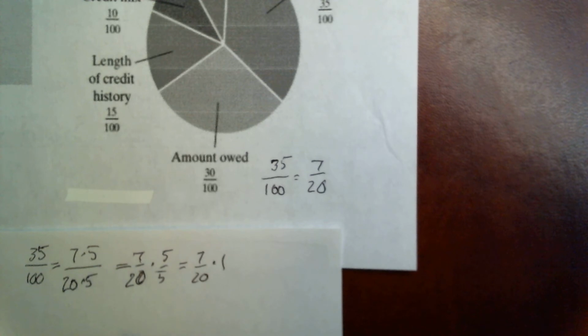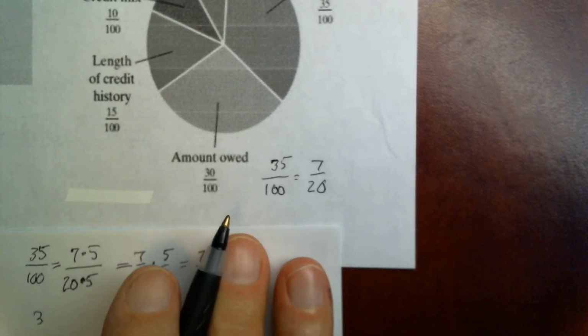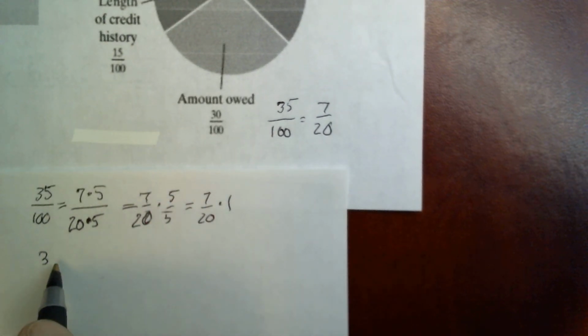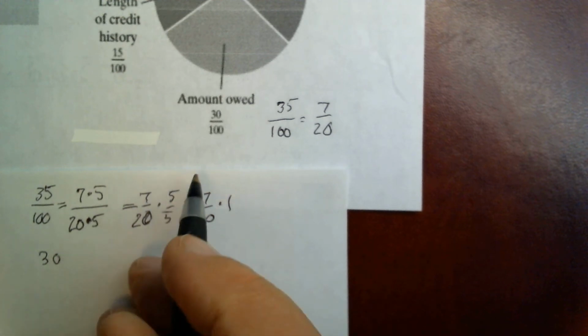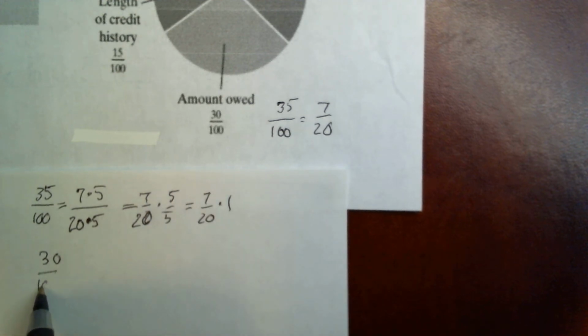So here's the in-between steps. Factoring 35 as 7 times 5. In other words, looking for multiples of 5, and then 20 times 5. And the other numbers basically work the same. If we look at 30 divided by 100, 30, the amount owed, divided by 100.